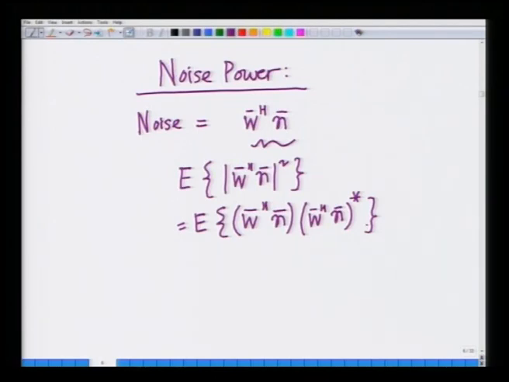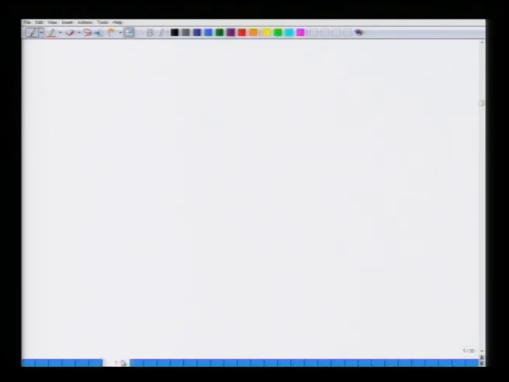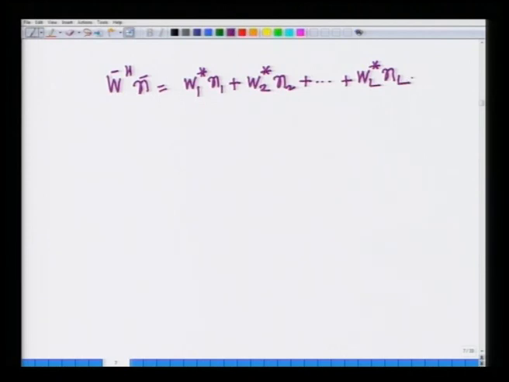Okay. Now, let me do the long way of deriving this noise power. We know W bar Hermitian N bar is nothing but W1 conjugate N1 plus W2 conjugate N2 plus so on and so forth until WL conjugate NL.